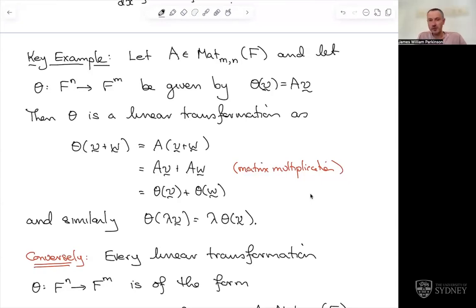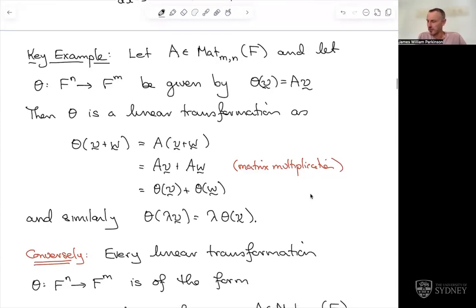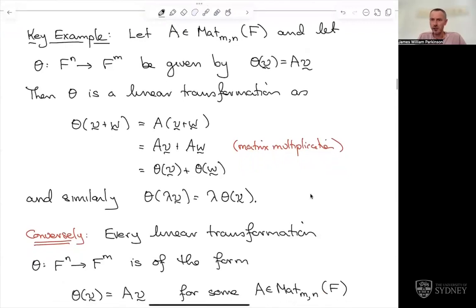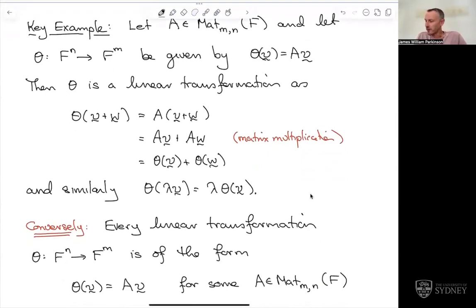And there I'm just using distributivity of matrix multiplication. Sorry, I said associative earlier. I think I meant distributive. And there we are. So similarly, theta of lambda V equals lambda times theta of V.